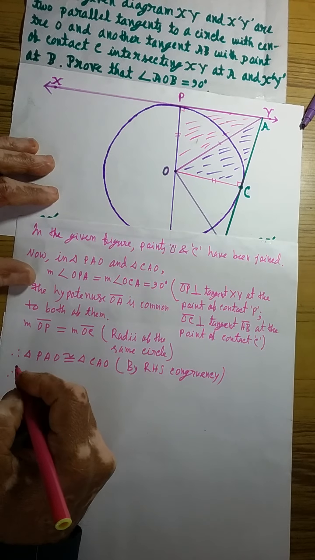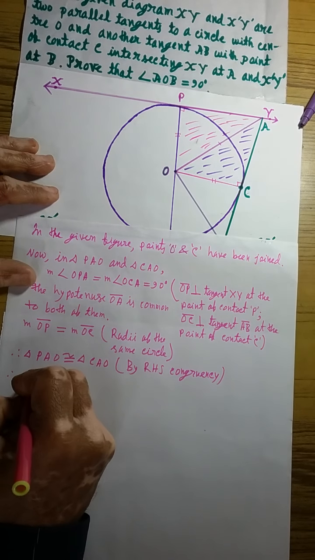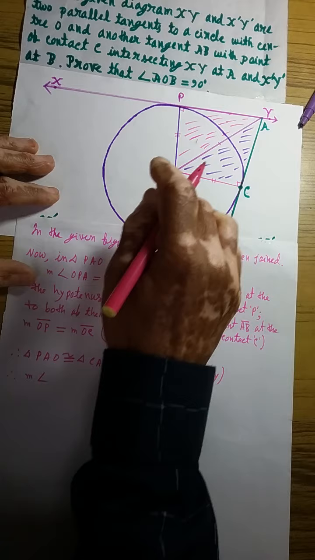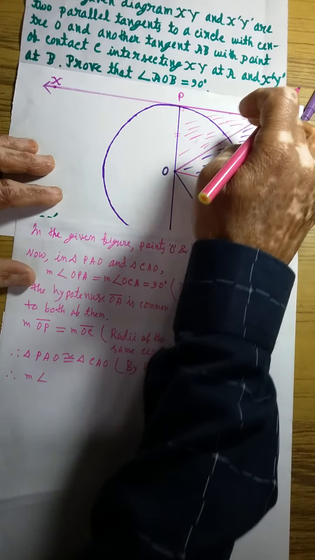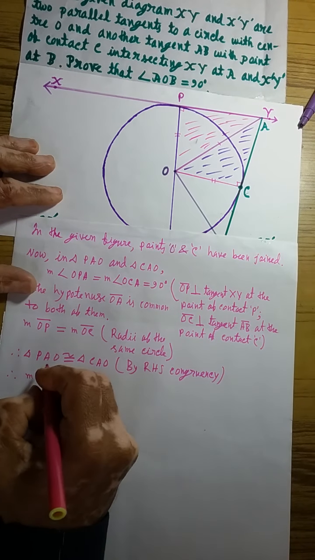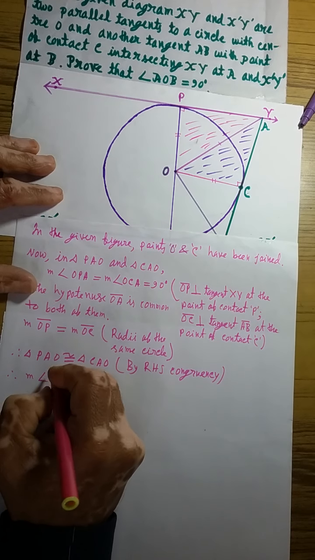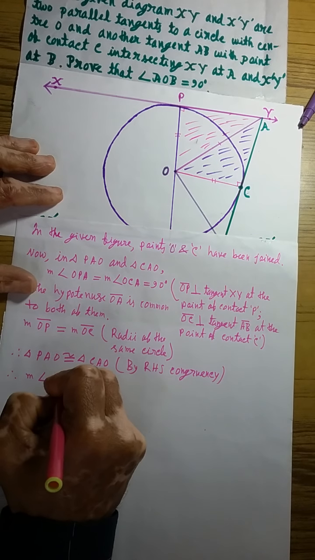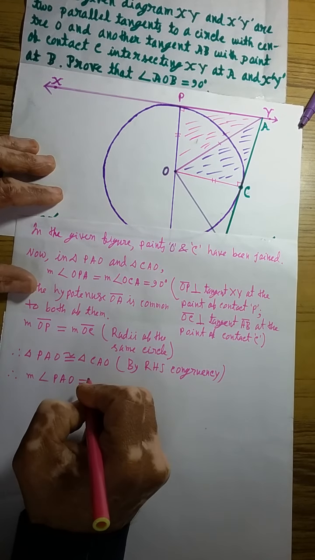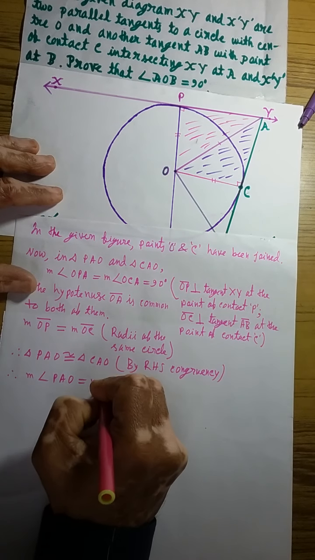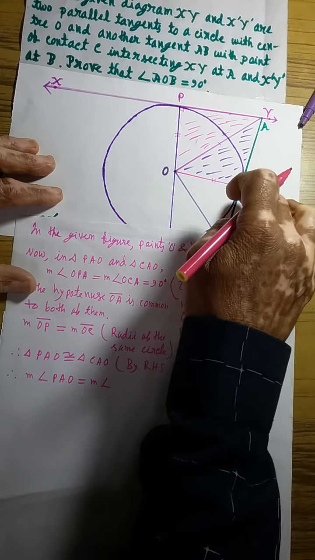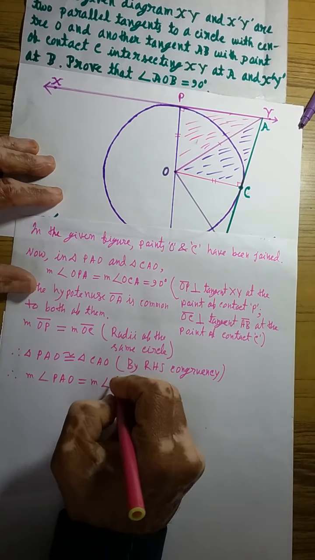After this, write measure of the angle PAO is equal to measure of the angle CAO.